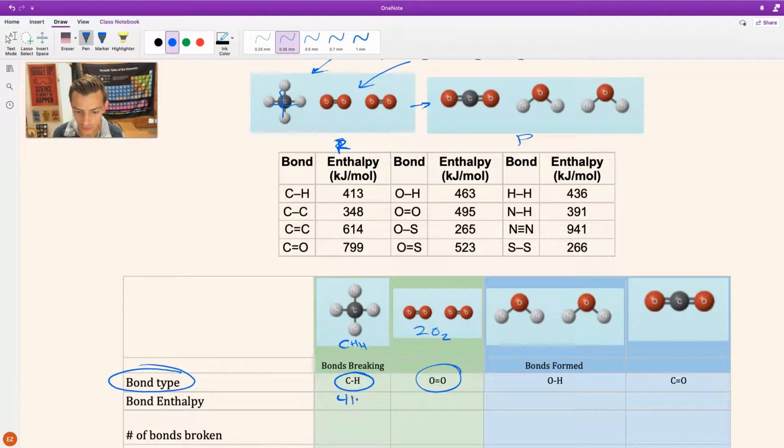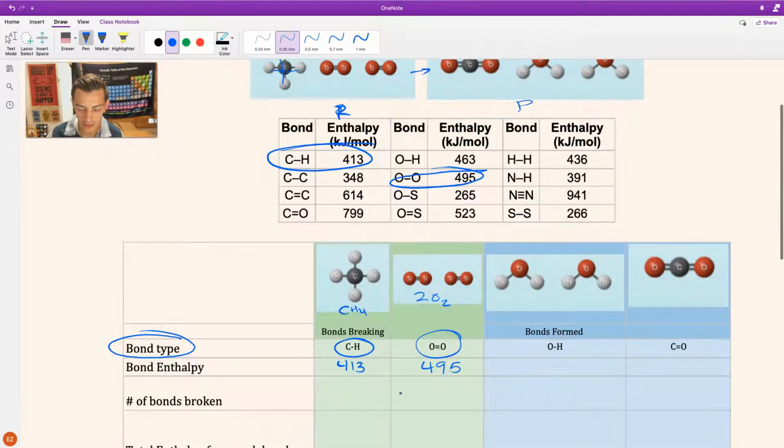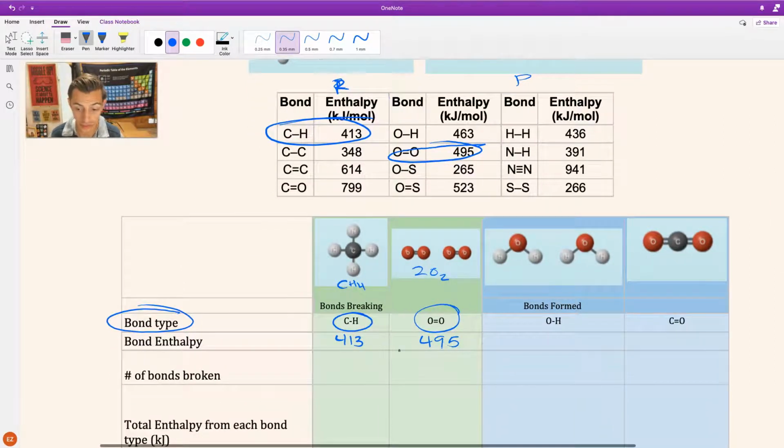So the first one is 413. We get that from the table right up here. The next one is the oxygen bond right up here, which is 495. So now that we've looked up in the table how big that value is, how many bonds are broken? Well, in CH4, there's 1, 2, 3, and 4. So there's 4 bonds broken.